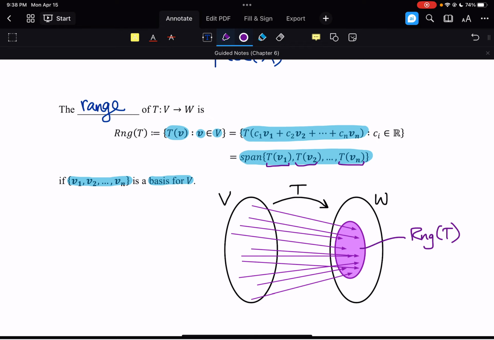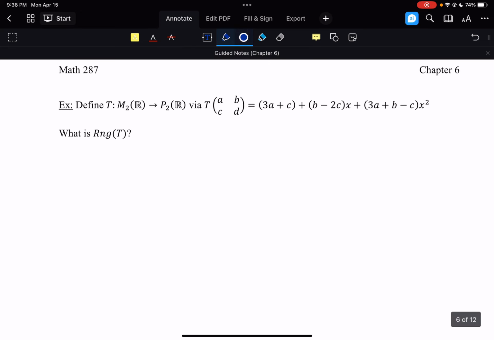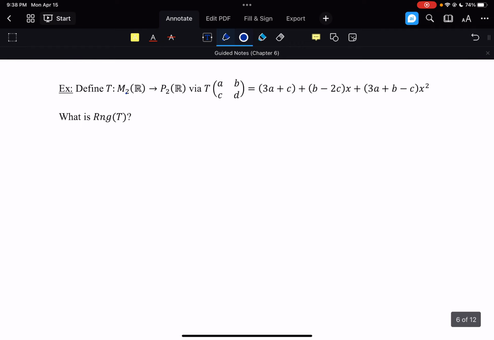So let's take a look at what that looks like. We're going from M2 to P2 using this transformation. What is the range of T? We're going to span a transformed basis from the input vector space.